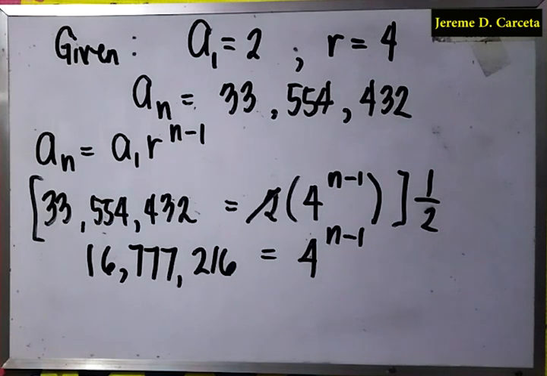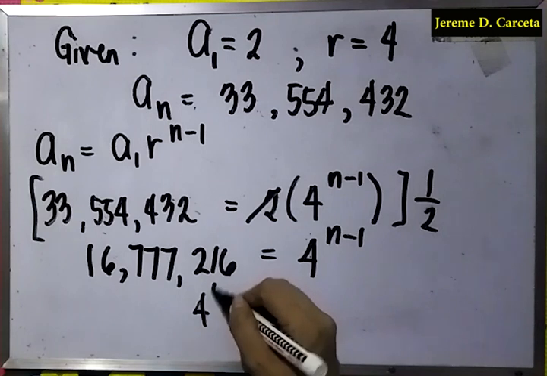The same thing as what we have done a while ago, we need to eliminate this 4. We can do that by finding a number here which is equivalent to the given number, with the same base of 4. In that case, we can have 4 raised to 12.